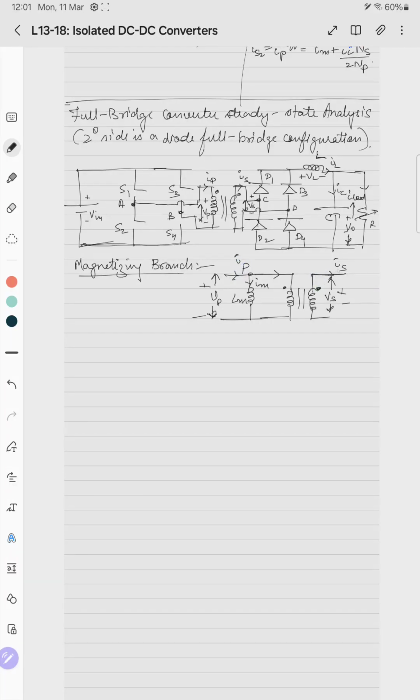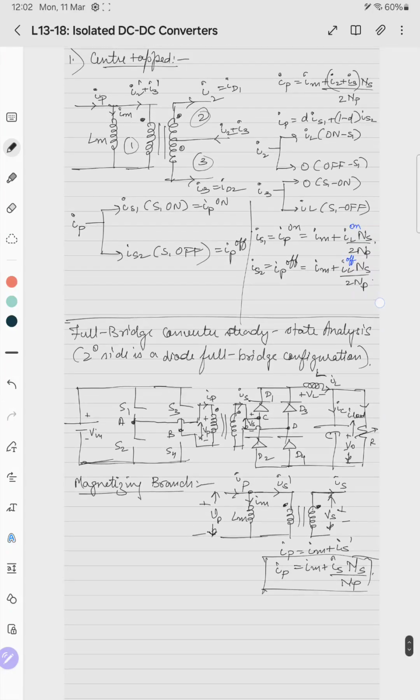As it is going out of the dot, here it will enter the dot. So this is IS dash. So IP is IM plus IS dash. That is simply IM plus IS into NS by NP. This is IP. This is the basic simple relation which we'll be using.